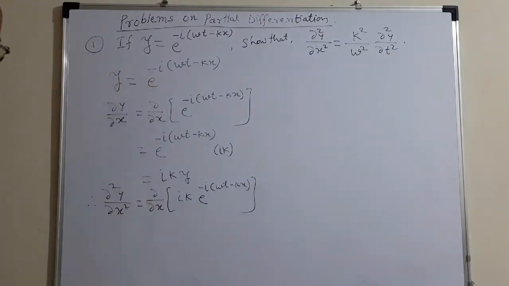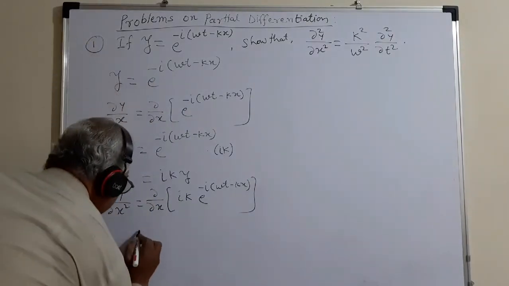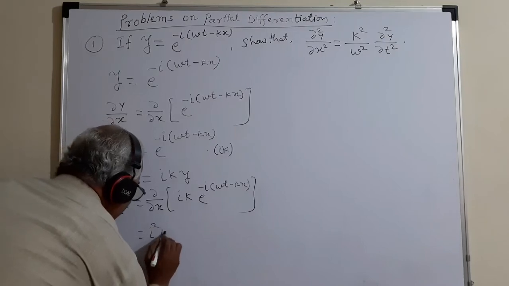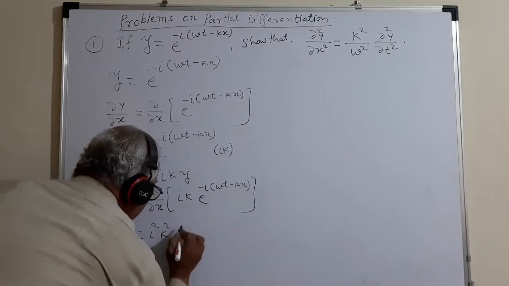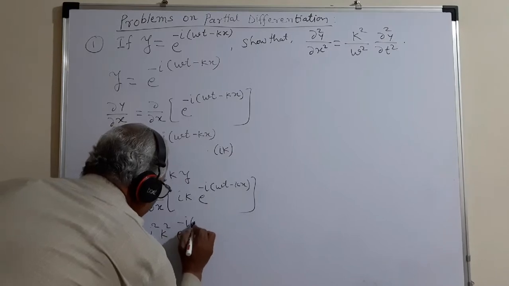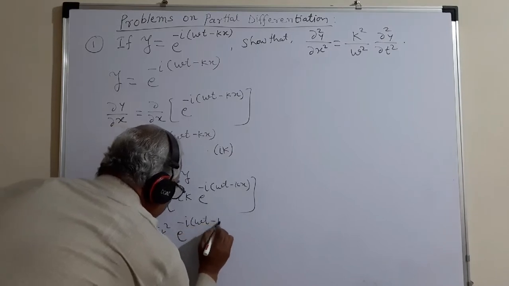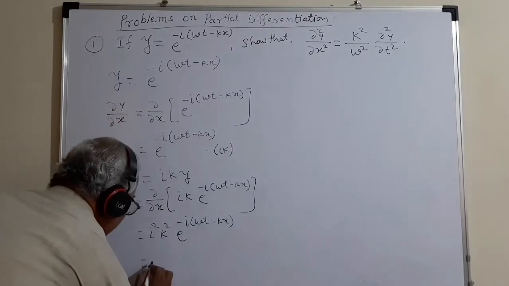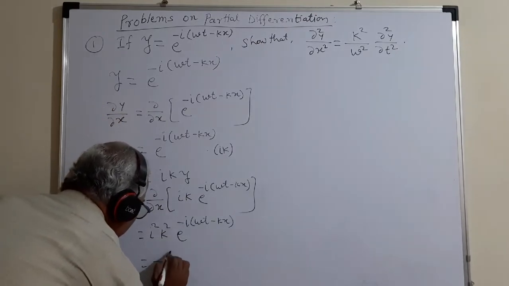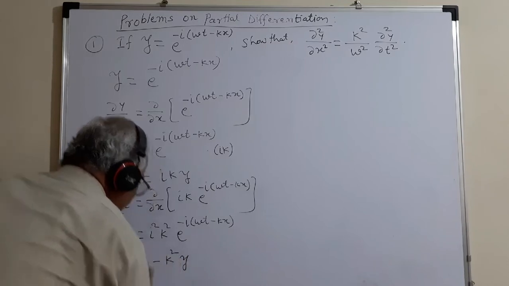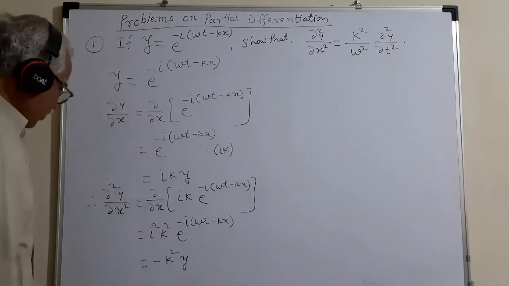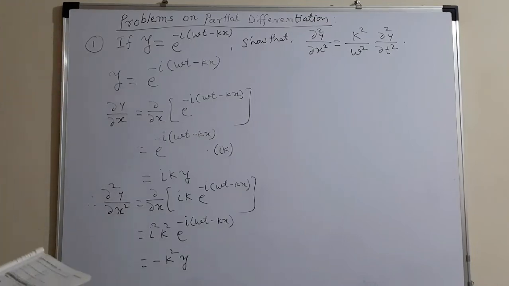So differentiation of this will give us i² k² e raised to minus i omega t minus kx, or this is equal to minus k² y. So this is the expression for ∂²y/∂x².